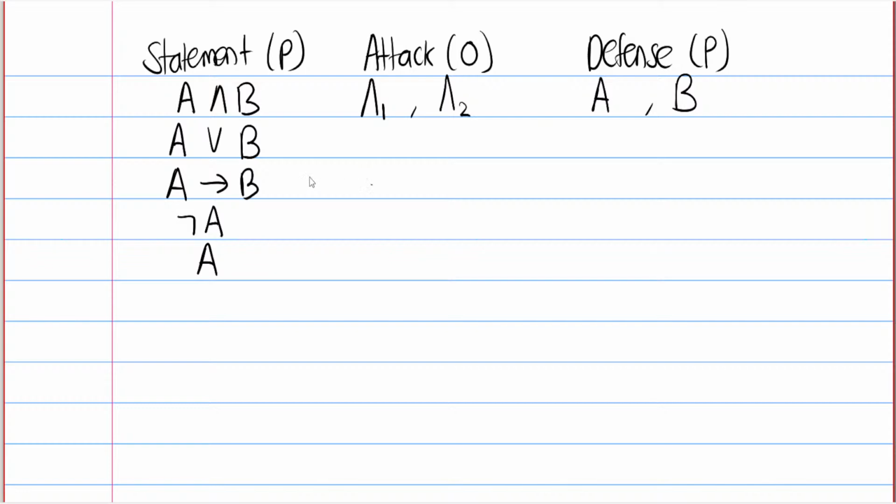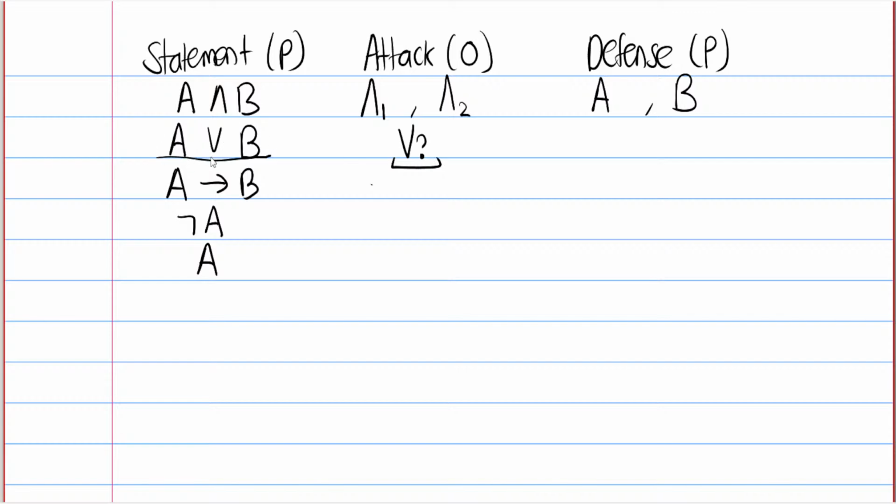Now, over here, what kind of attack do we have? We only have one kind of attack. So the statement that P is claiming to be true is either A is true or B is true. One of these statements is true, right? So the attack O can give looks something like this, and this means, oh, you're saying that either one of these is true.